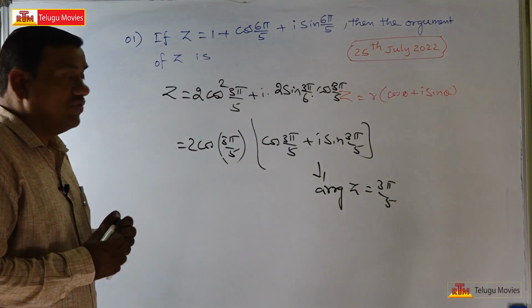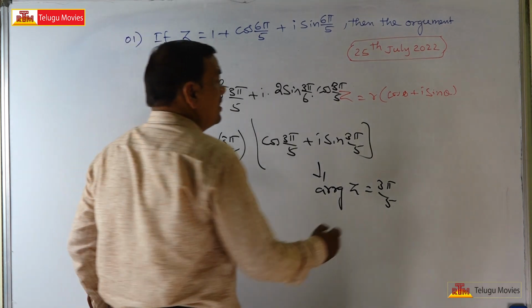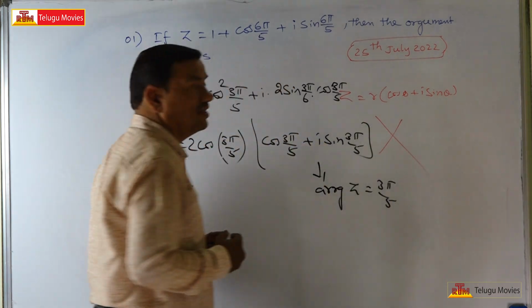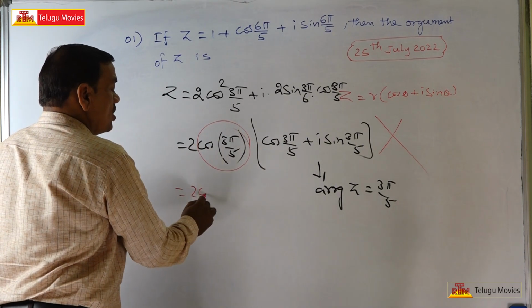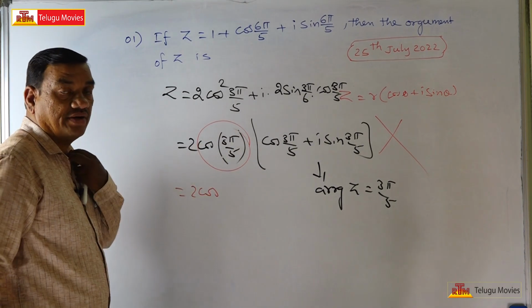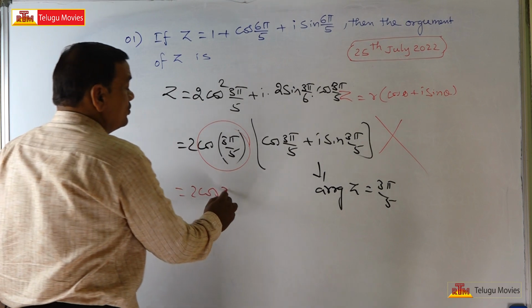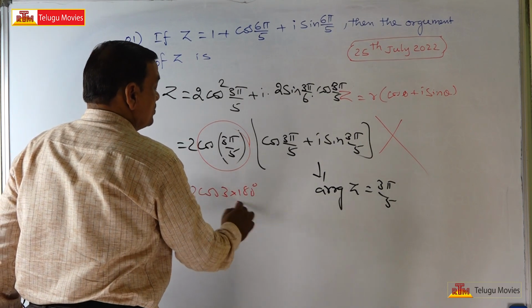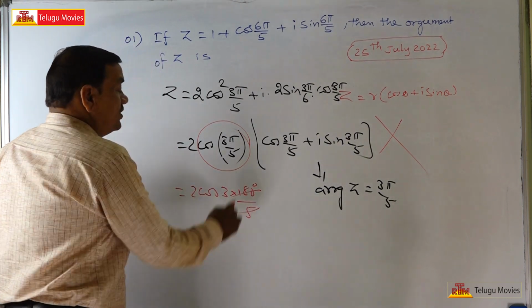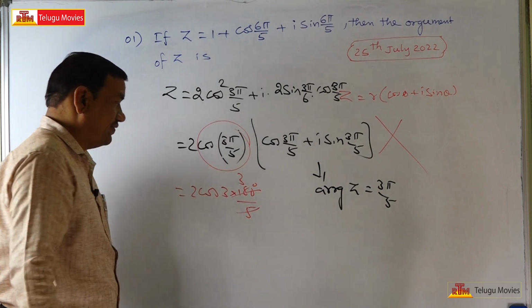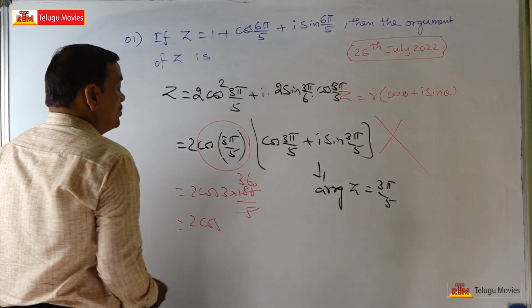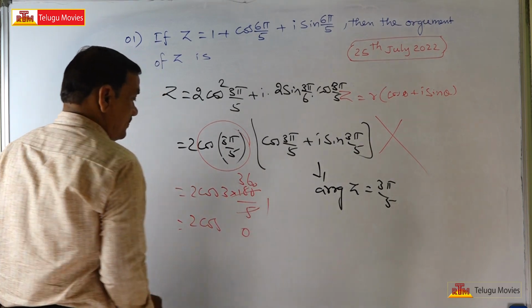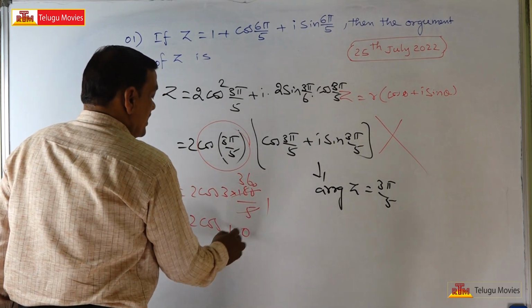But if you observe, this is not in the polar form. Why? Because look at 2cos(3π/5). 3π/5 means 3 into 180 degrees by 5, that is 3 times 36, which is 108 degrees.